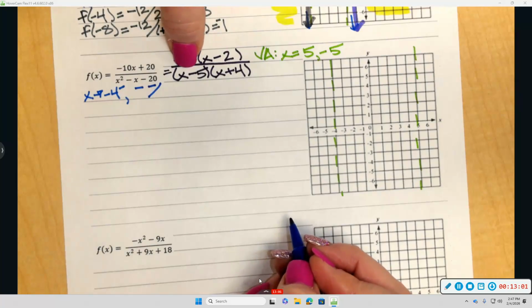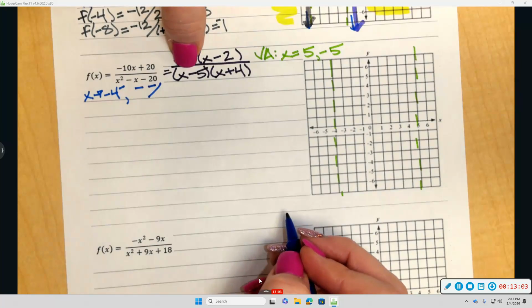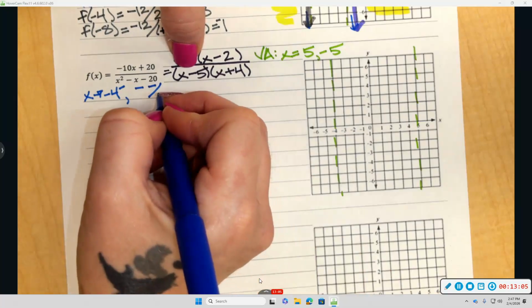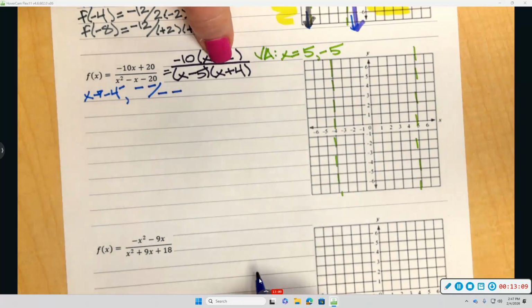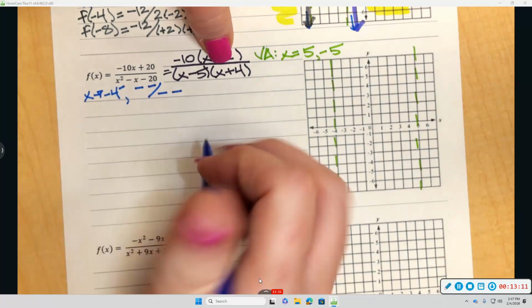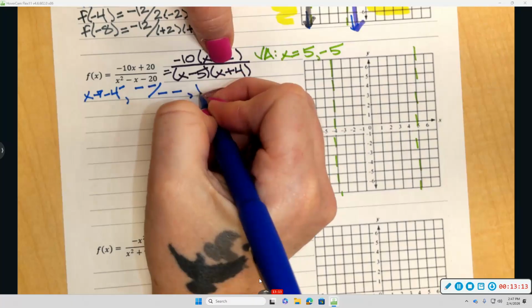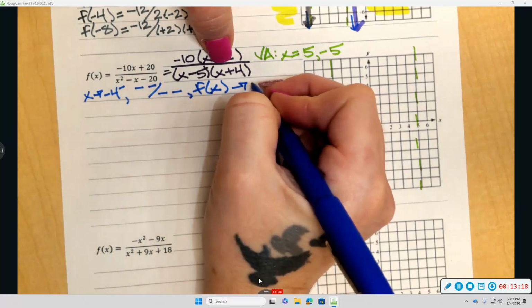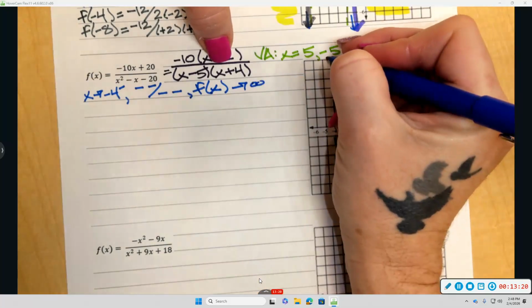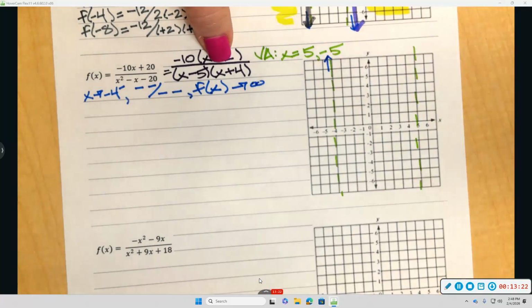If I'm less than negative 4, say I'm at negative 8, this would be negative, and this would be negative. And so that's positive over positive. That tells me that f of x then approaches positive infinity. So this guy here is going to be going up.